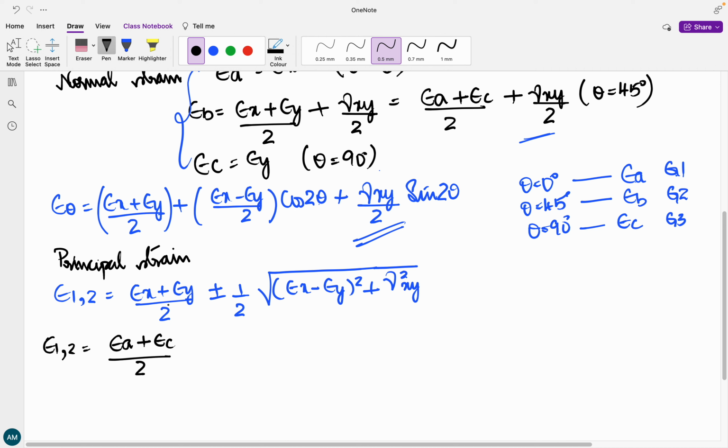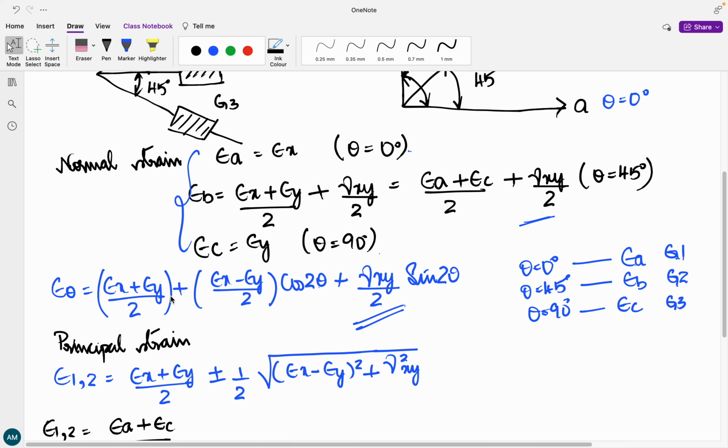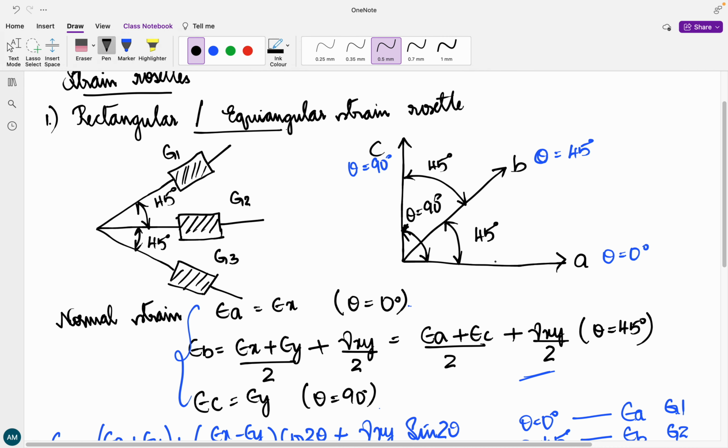The reason it is epsilon y is c is x and y. So this is x, this is y. So epsilon a, epsilon c.